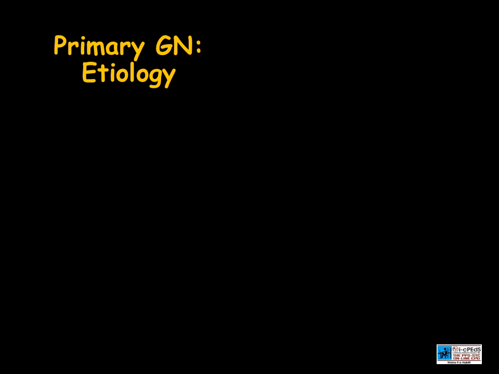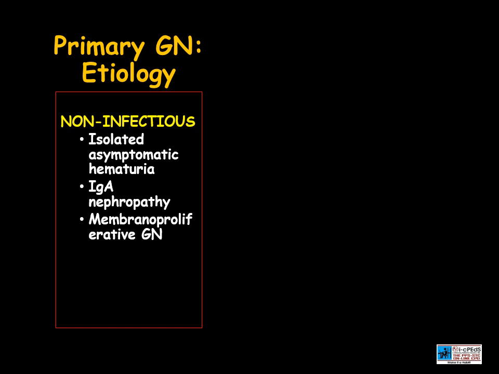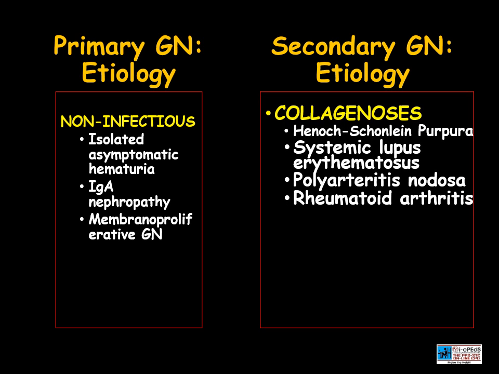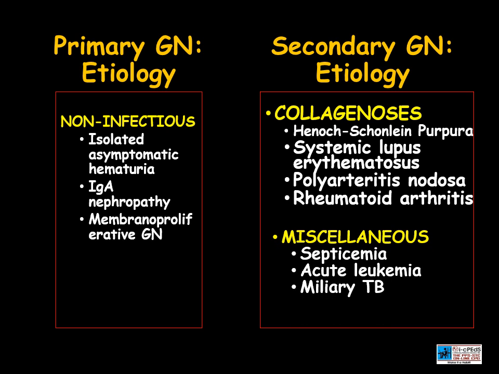Non-infectious causes of primary glomerulonephritis are usually isolated asymptomatic hematuria, IgA nephropathy, or membranoproliferative glomerulonephritis, while secondary glomerulonephritis can be caused by or due to systemic diseases such as collagenoses or even part of sepsis and some malignancies or even tuberculosis.